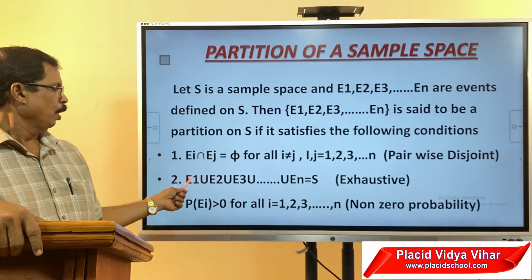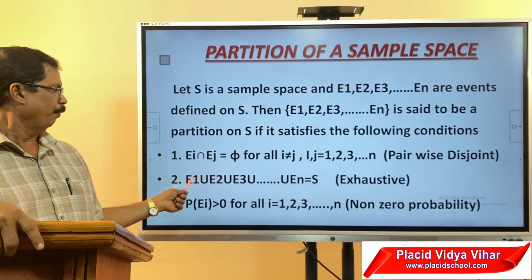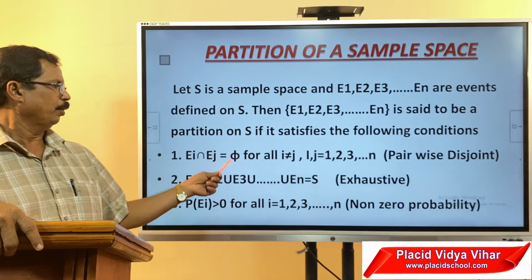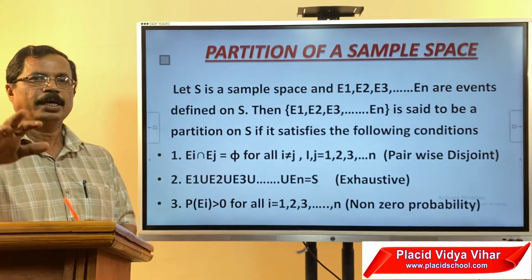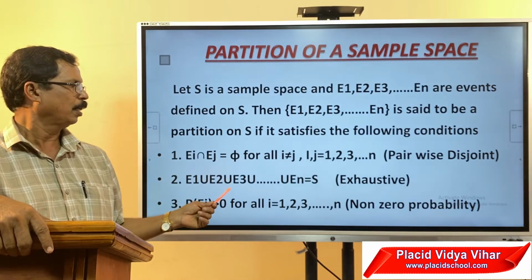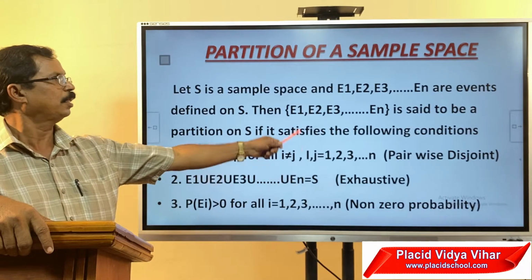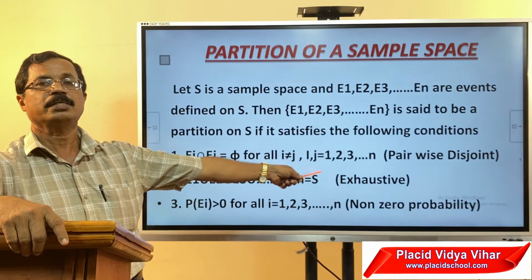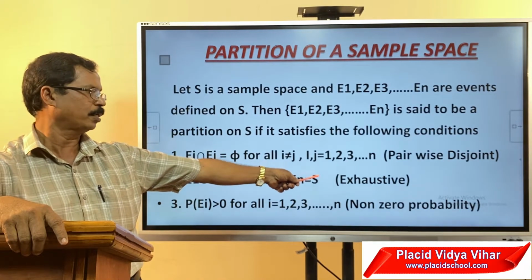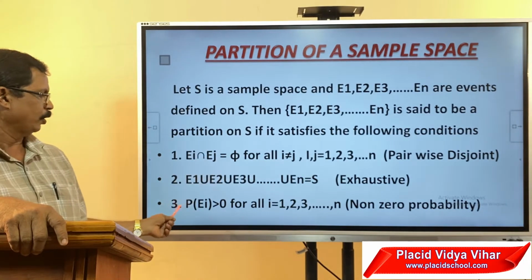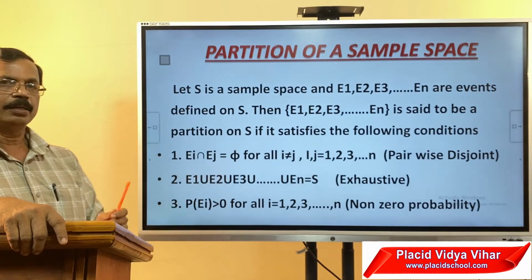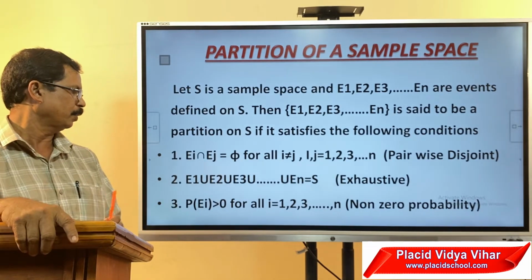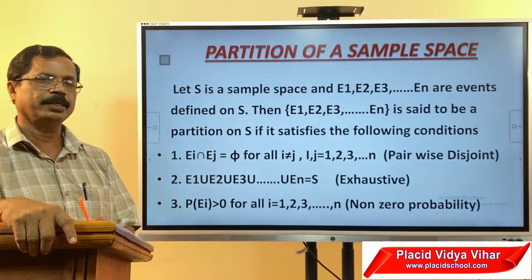Then the second condition: you take the union of all events, E1 union E2 union E3 union, etc. union En, and you have to get S. That is our full set, the sample space, and it is known as exhaustive. And the third condition is that the probability of Ei is greater than 0 for all i equal to 1, 2, 3, etc. up to n.